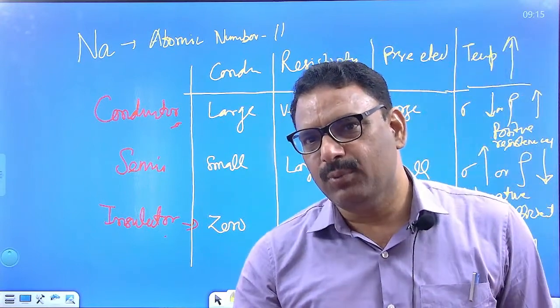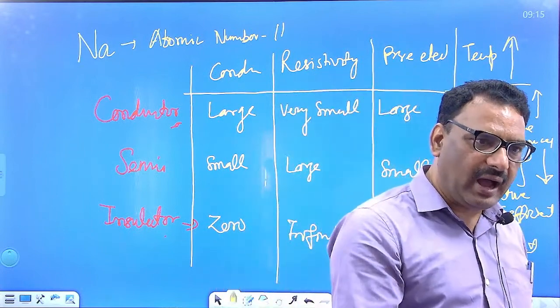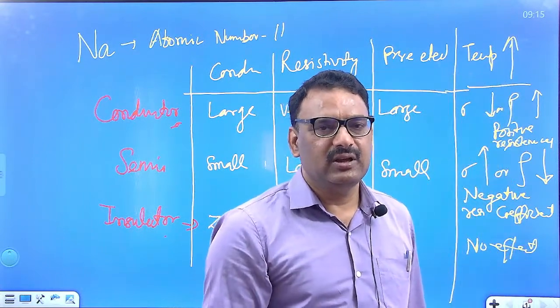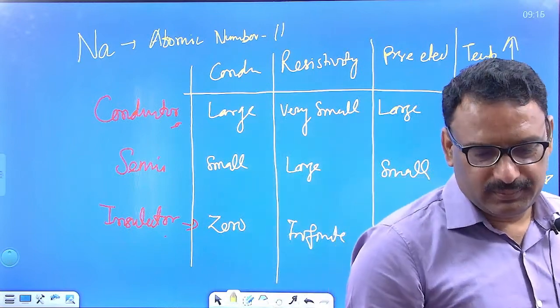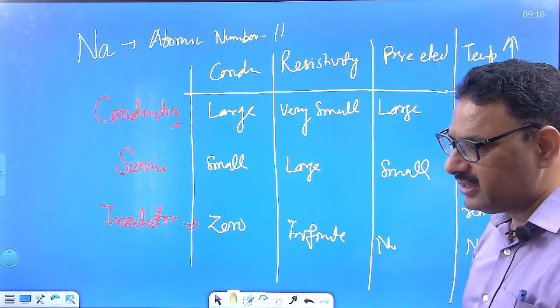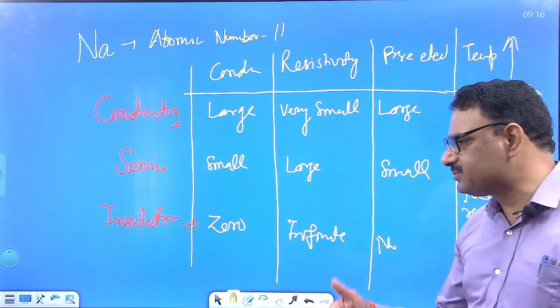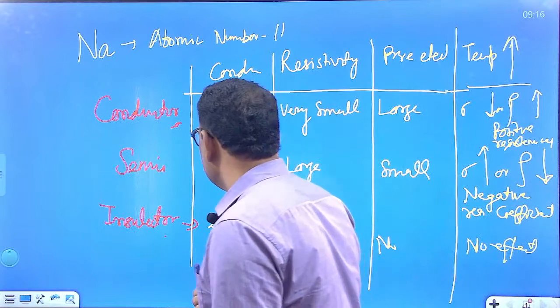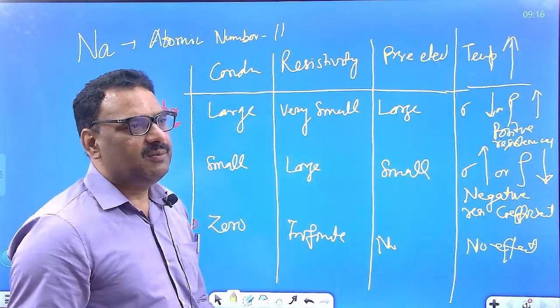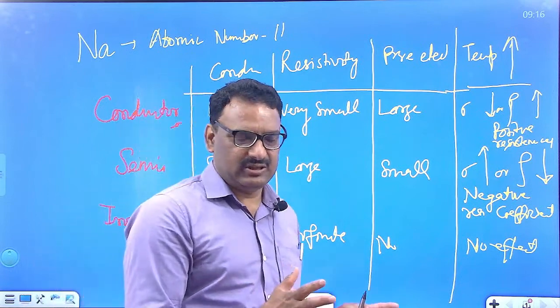But if you supply more energy, then electrons from the other orbits come out too. In sodium, 3s1 is the outermost electron, and it is also possible that 2p6 electrons come outside. If you supply the energy, with the increase of temperature, the number of electrons will increase.